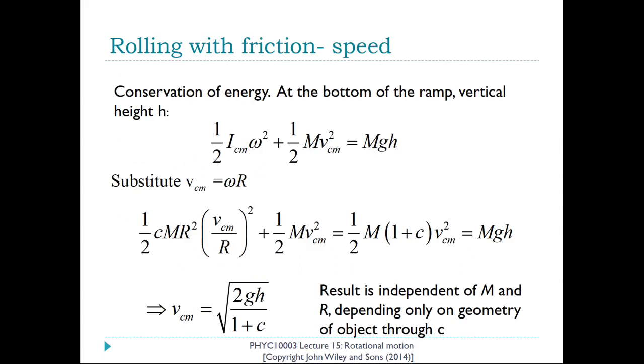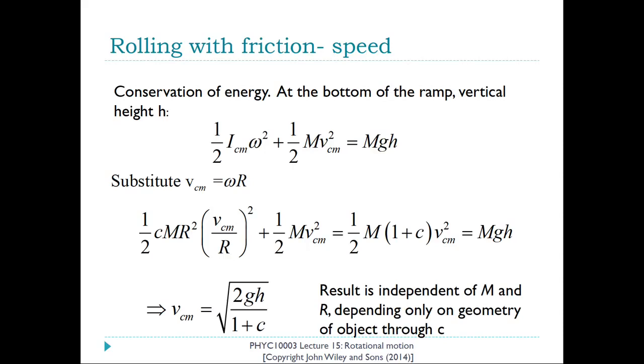So what we're going to do here is look at our conservation of energy. We're going to have our kinetic energy equal to our potential energy. So remember, conservation of energy: the potential energy plus kinetic energy is equal to 0. In this case, the potential energy is going to be equal to the final kinetic energy.